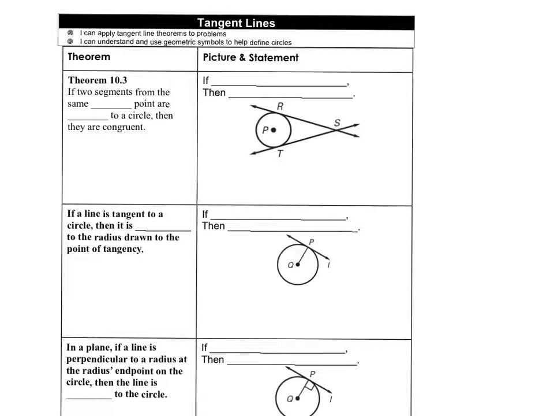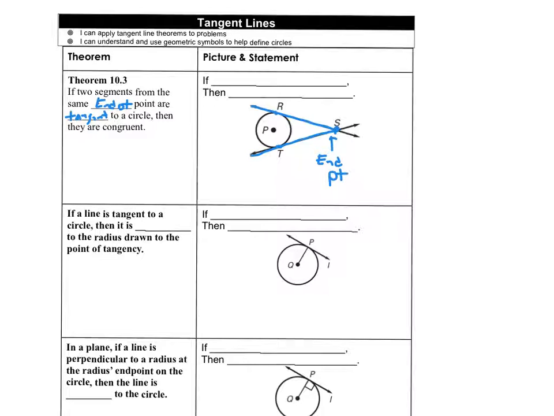The main idea for today is if two segments from the same endpoint are tangent to the circle, then they are congruent. So in our picture here it says here and here are where the tangents are occurring. These are our tangent lines at a common point S, sharing the same endpoint. This is our endpoint.